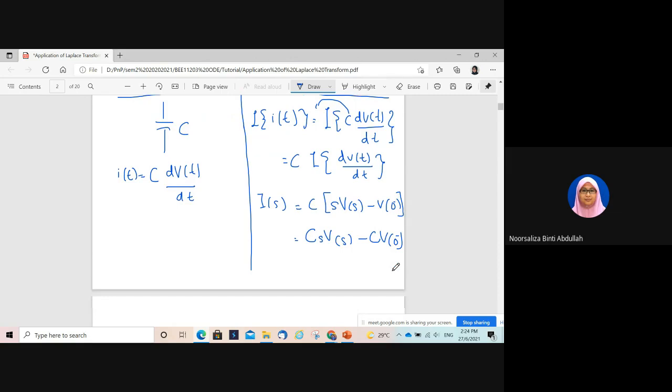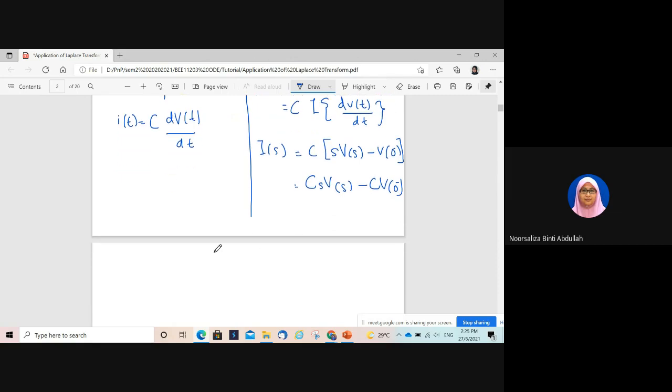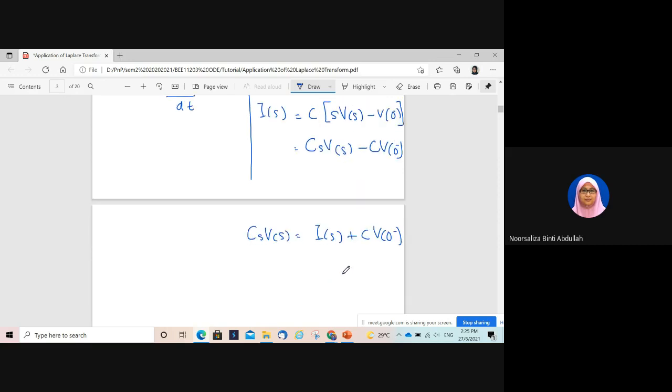Then you rearrange this one. So you have CsV(s) equals to I(s) plus CV(0). You bring this one to this side, so it will be plus CV(0).